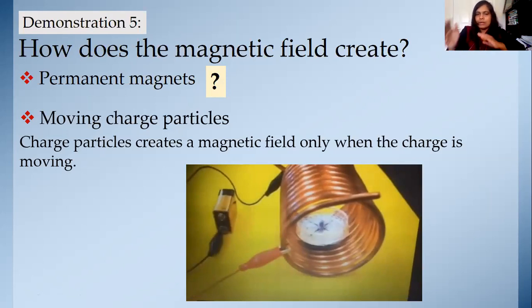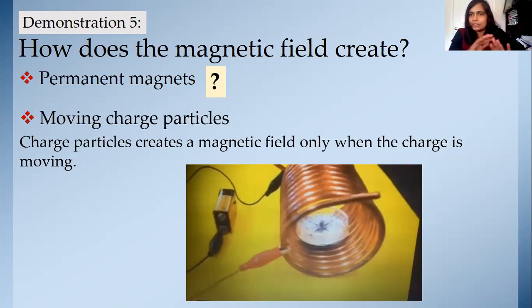So when the current is flowing through it, there's a magnetic field created inside the solenoid. So the only reason that we can imagine is the current, right? So the current means moving electrons. So moving electrons are the cause of creating these magnetic fields. So charged particles create a magnetic field only when the charge is moving.